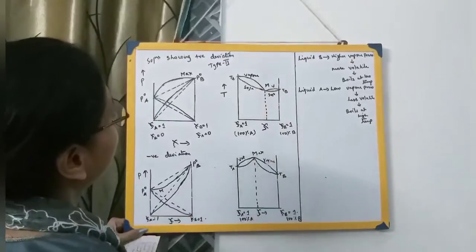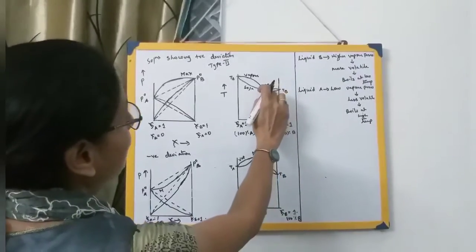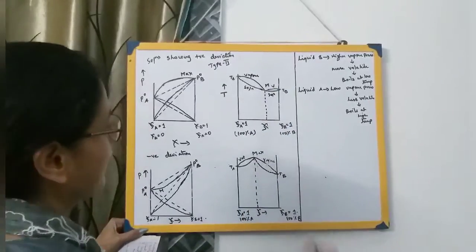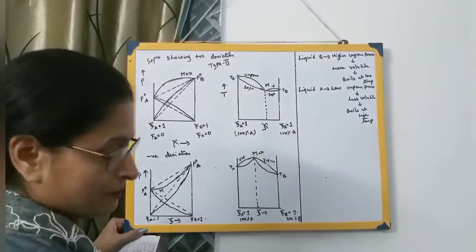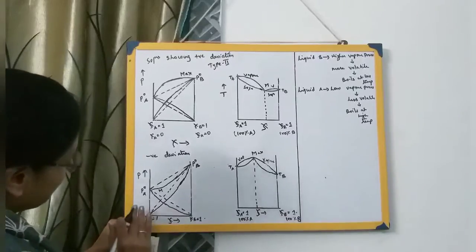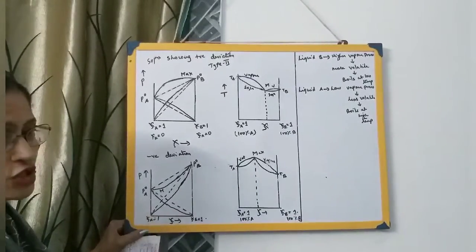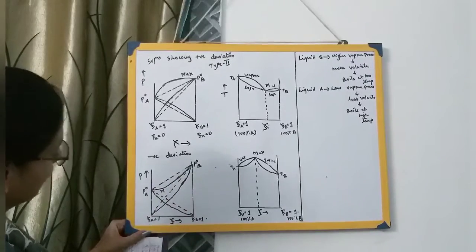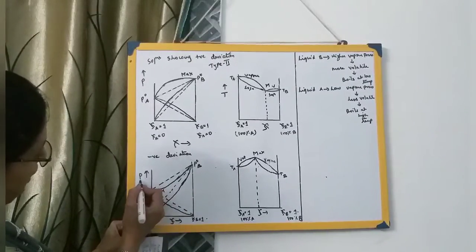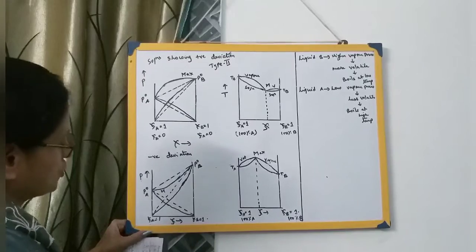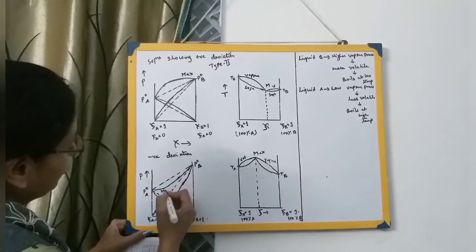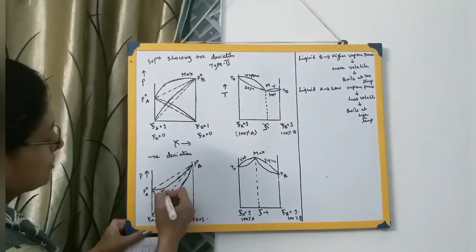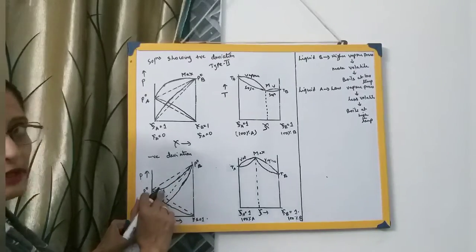At a particular temperature, a minimum temperature, it forms a minimum boiling azeotropic mixture. And in the same way, in this particular graph for the solution showing negative deviation, the graph I showed you of vapor pressure versus mole fraction, if you remember, there was a minimum vapor pressure at this particular point.